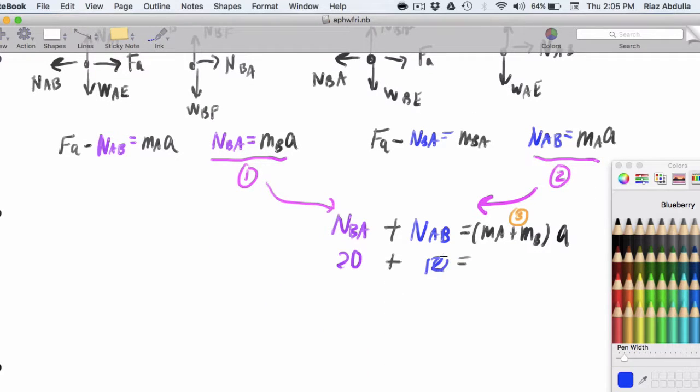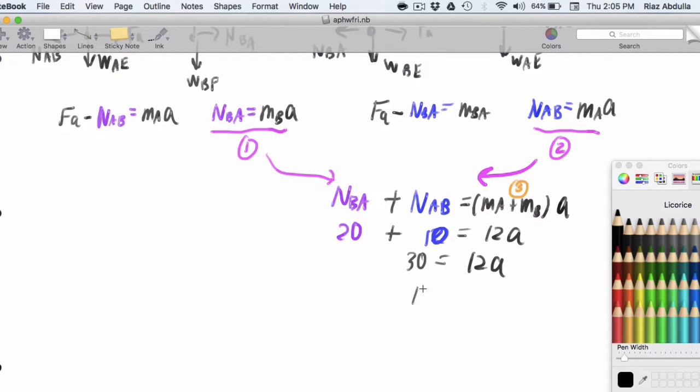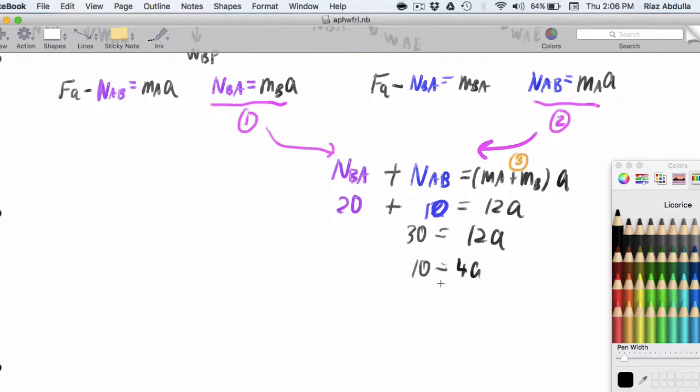I'm a little under the weather, sorry about that. Equals a total of 12 kilograms times the acceleration. So I'm going to get 30 is 12 times A. That's going to be 10 is 4A when I reduce the fraction. That's going to end up giving me 5 over 2, which is 2.5 meters per second squared as my acceleration.